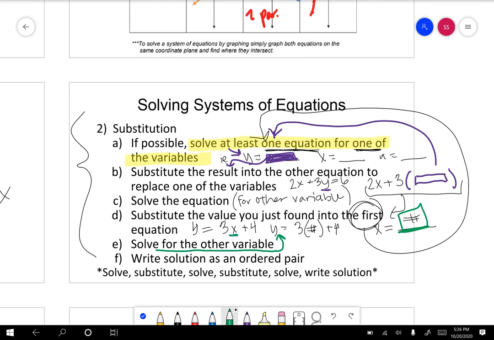And then you end up with an x and a y, and that solution you would write as an ordered pair, x, y. And that would be the only pair of numbers that would make both of the equations true. Again, a lot of that was kind of abstract because I wasn't dealing with actual equations and numbers, but hopefully that gives you a general sense of what direction we're going.